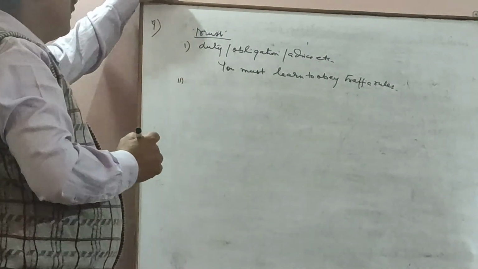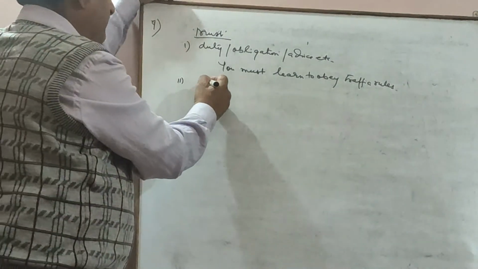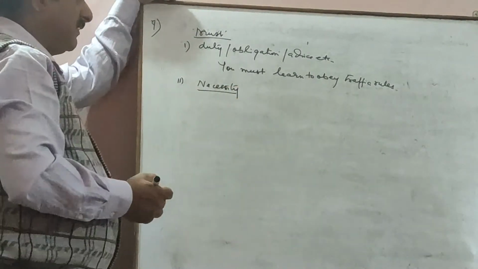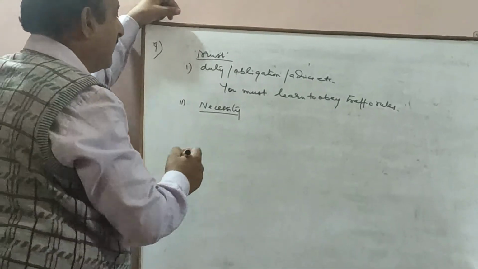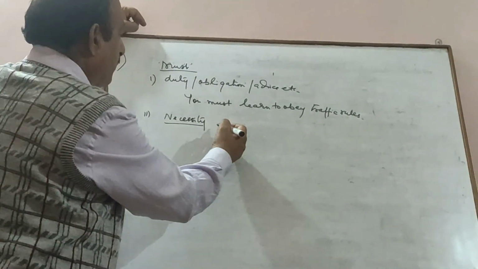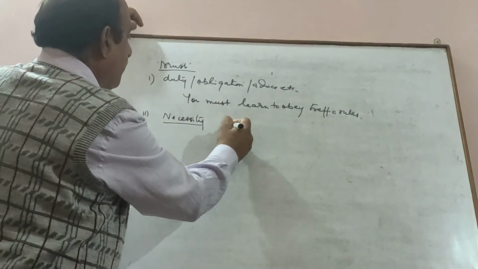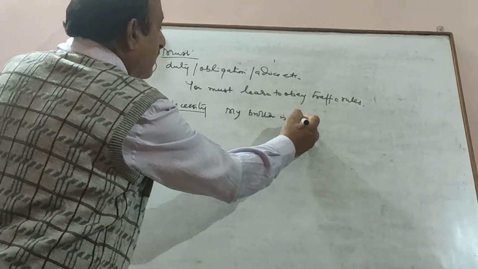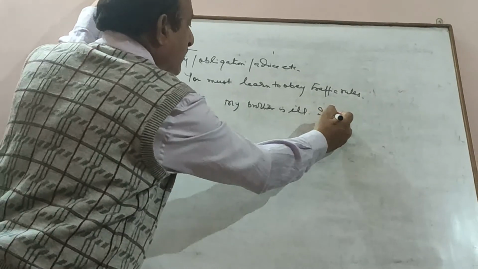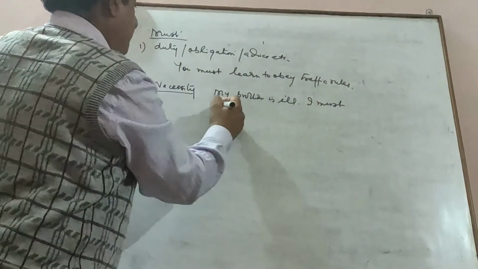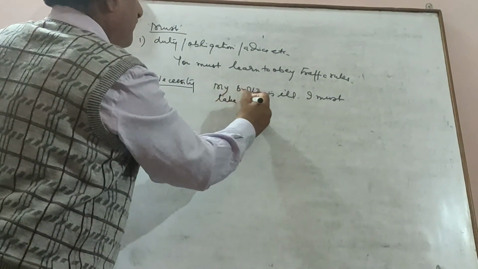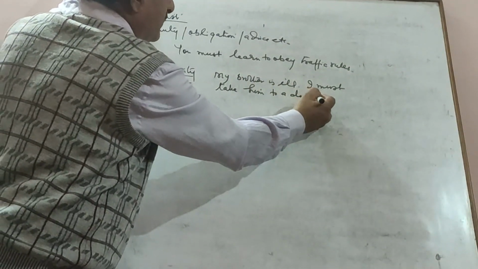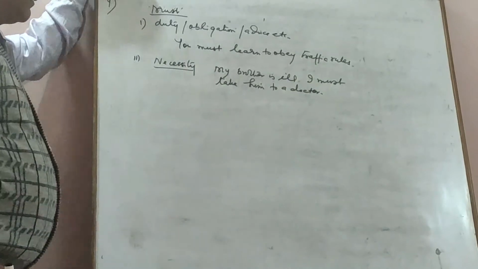Number two, the second use of must is necessity. It is not shown by should. Necessity. For example, my brother is ill. I must take him to a doctor. So it is necessity.